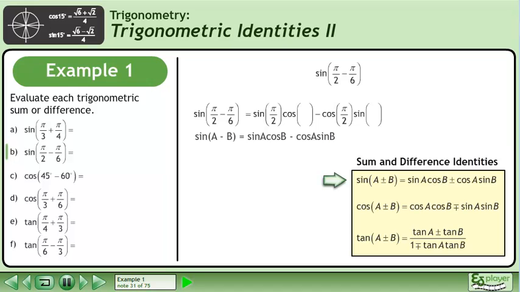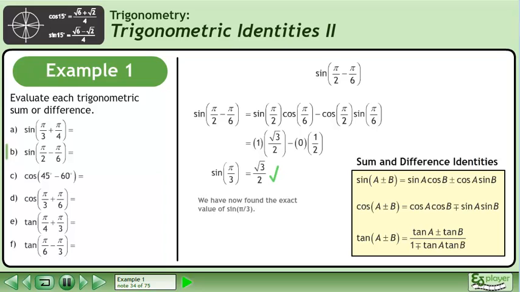Plug in the angles. Find the exact values of each trigonometric ratio. Simplify to get root 3 over 2. We have now found the exact value of sine of pi over 3.